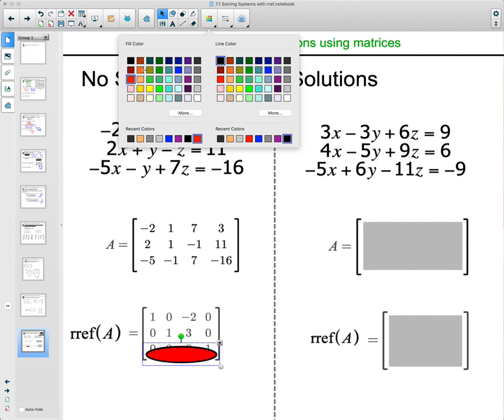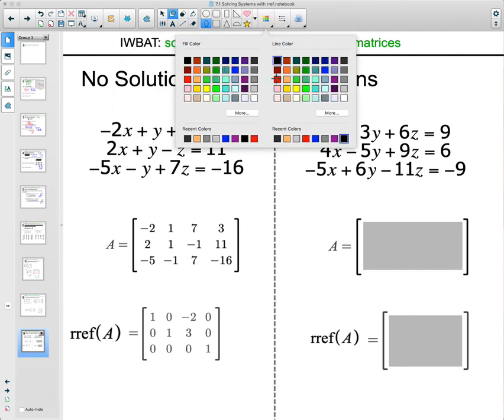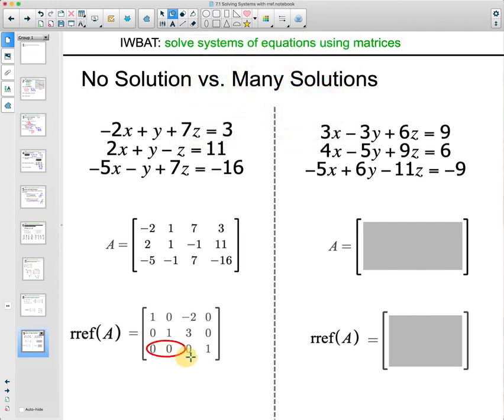So the bottom row is going to not have a variable in it. This bottom row didn't have a variable in it because remember, here's where the identity matrix is. So this bottom row says 0x plus 0y plus 0z equals 1.